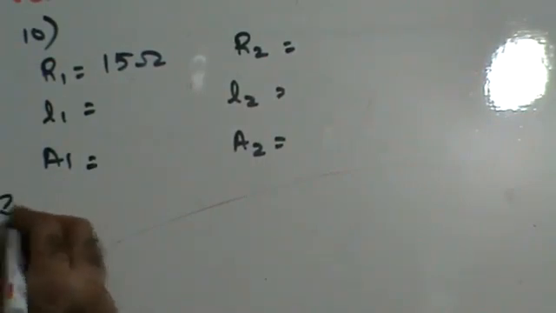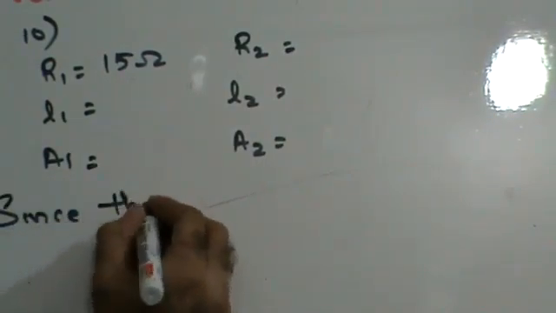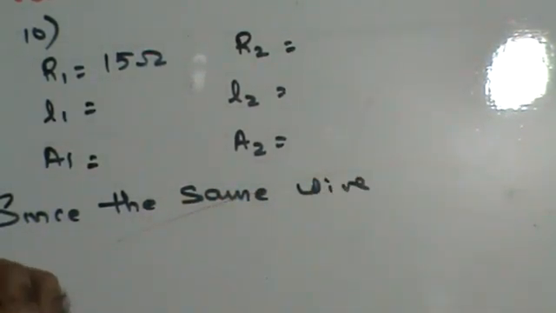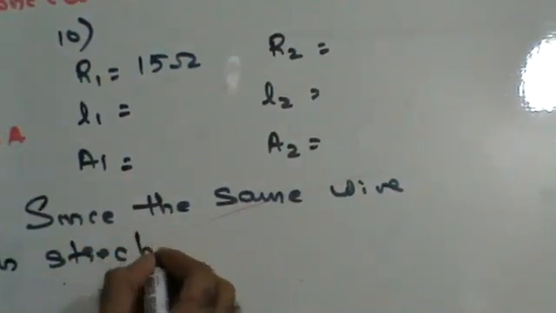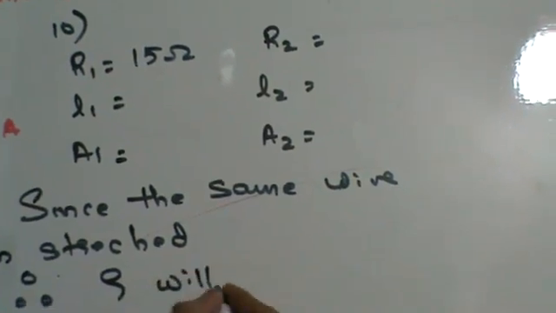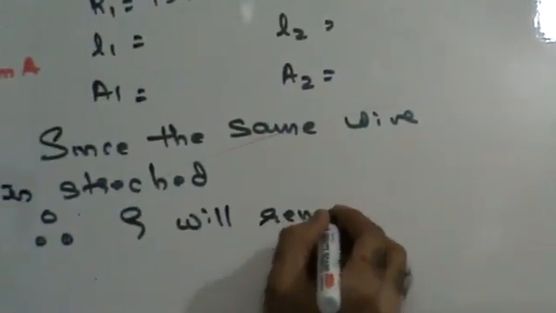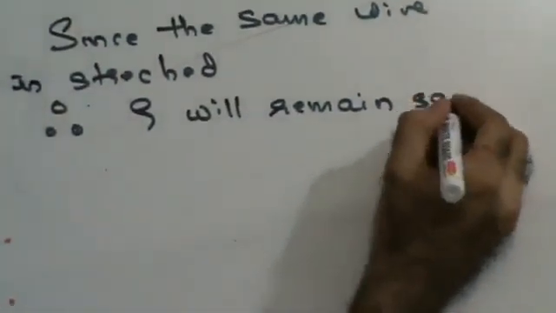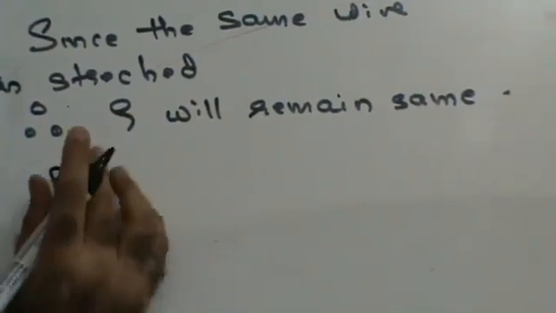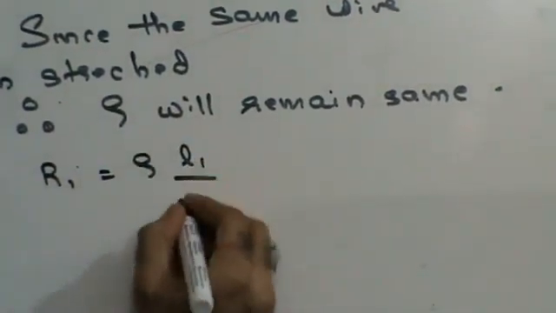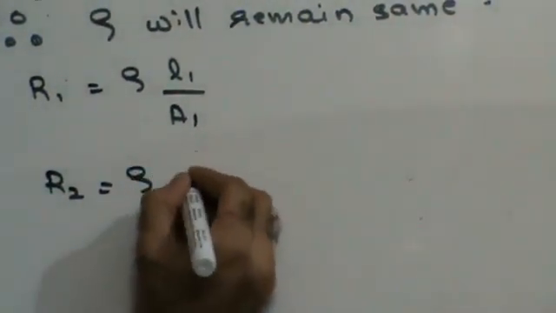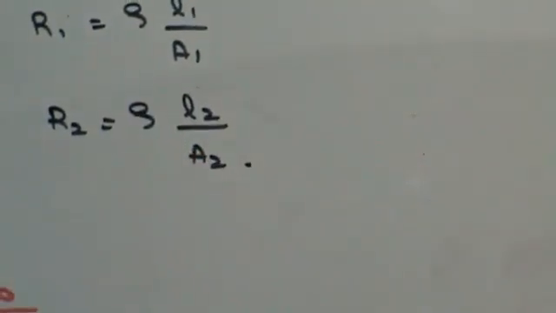Since the same wire is stretched, rho will remain constant. Rho will be the same for both the wires. Now R is equal to rho L by A. Similarly, R2 is equal to rho L2 by A2.